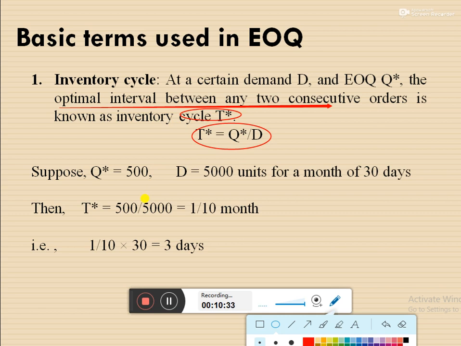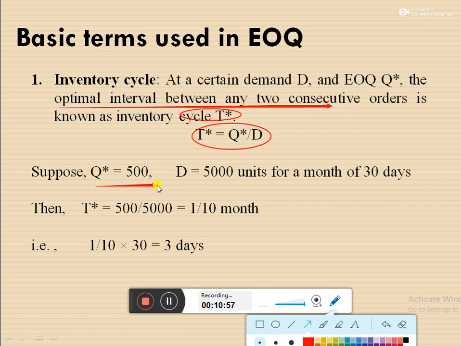So at a certain level of demand, with economic order quantity, or EOQ, given, the inventory cycle can be calculated by applying this formula. Suppose Q star, or economic order quantity, is equal to 500 units.